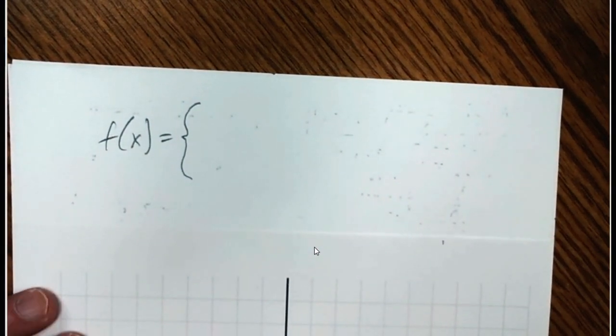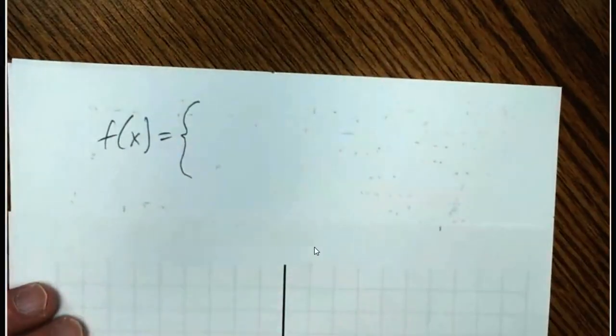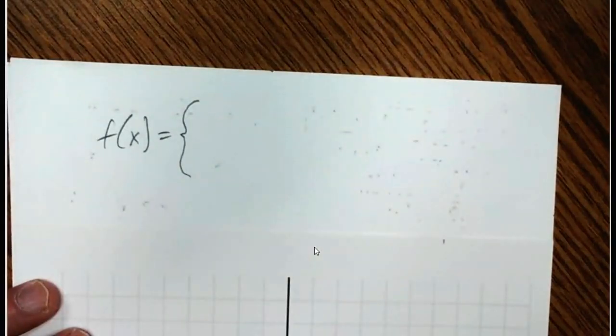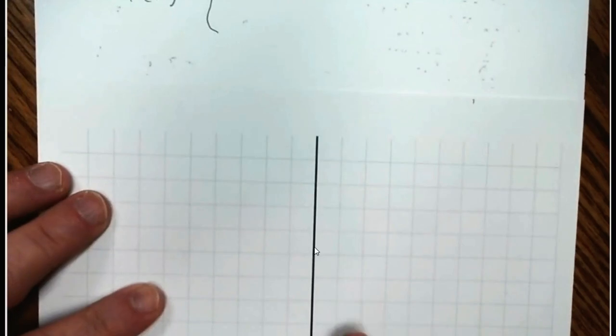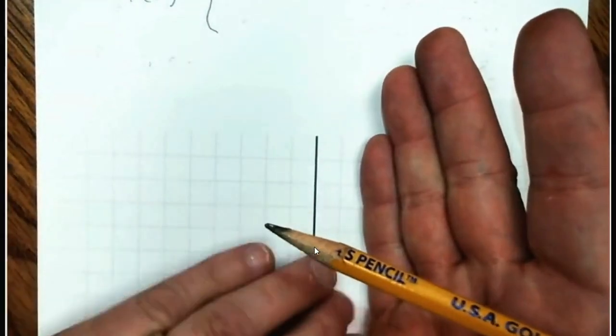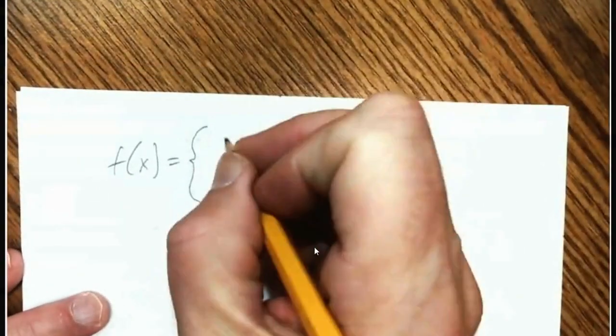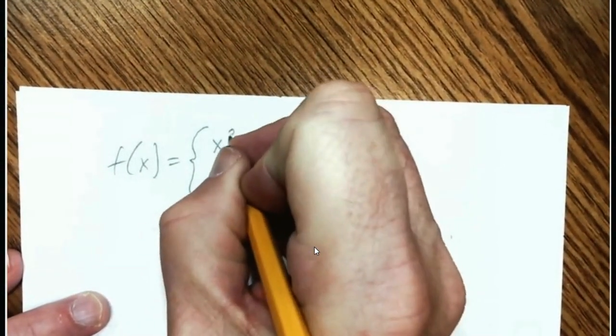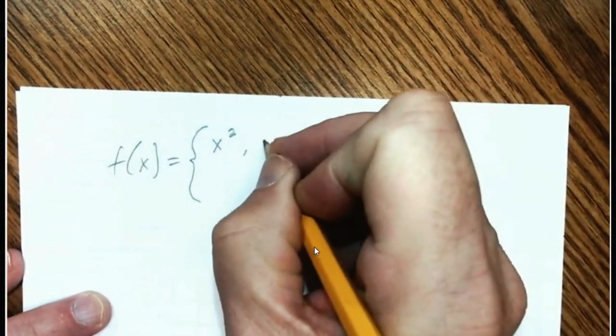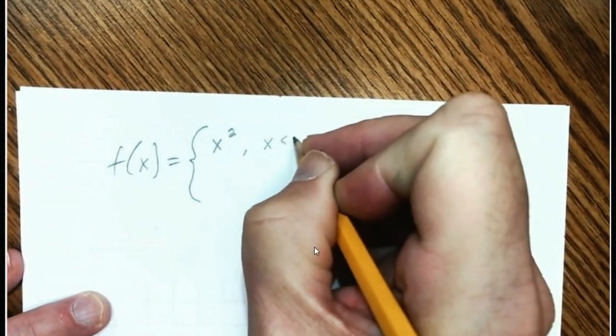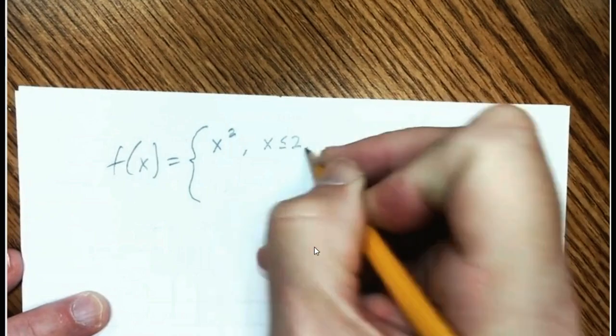Well, let's see. I'm going to say when x is less than 2, anytime on this side of the graph, I'm going to use x squared. And that's only when x is less than or equal to 2.